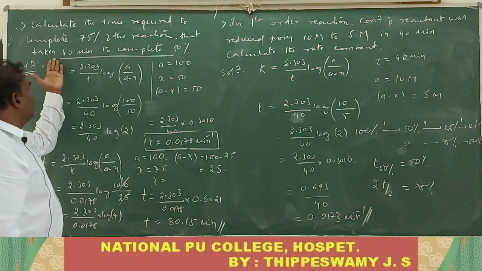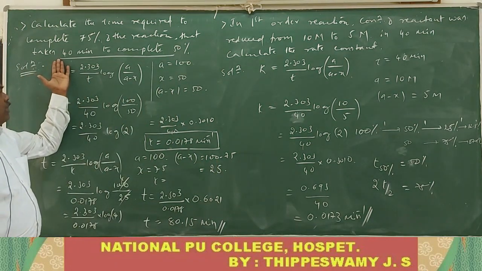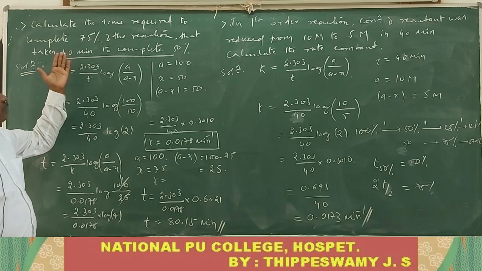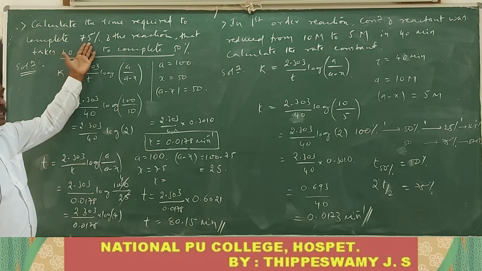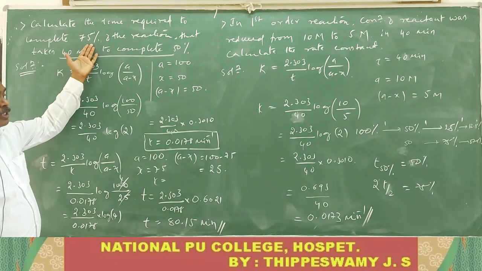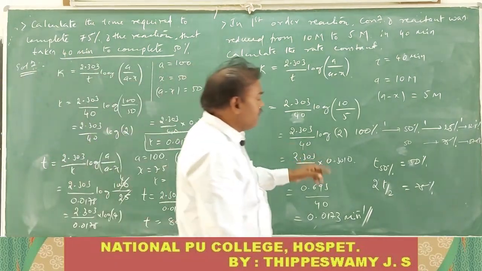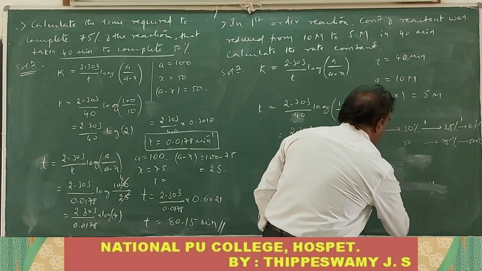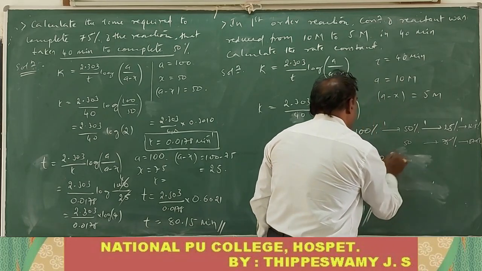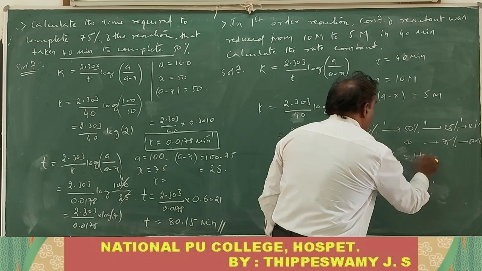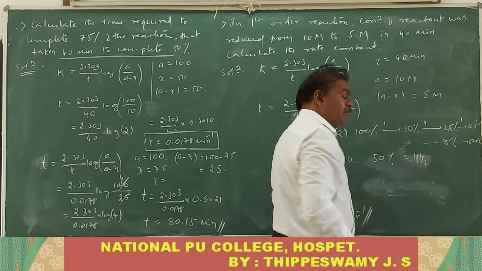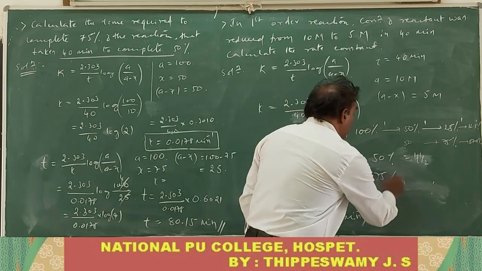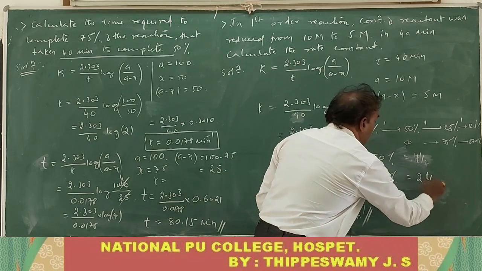You see, in order to complete 50% of the reaction, it requires 40 minutes. Is it not? What is the time required to complete 75% completion? Now here what I am telling, 50% is equal to only one half life, that is 1 into T half you can write. So 75% is equal to 2 into T half only.